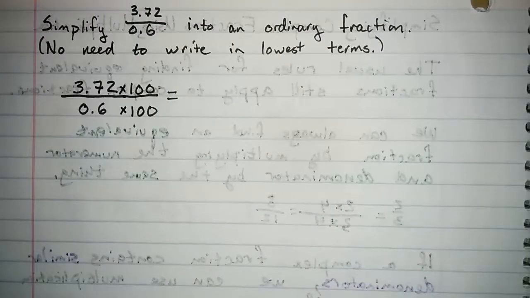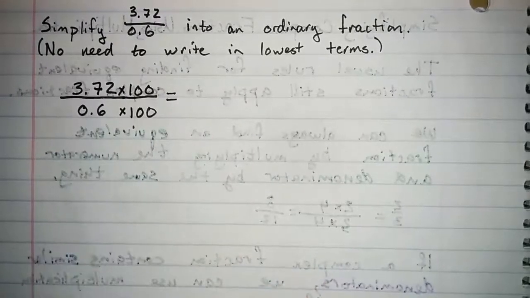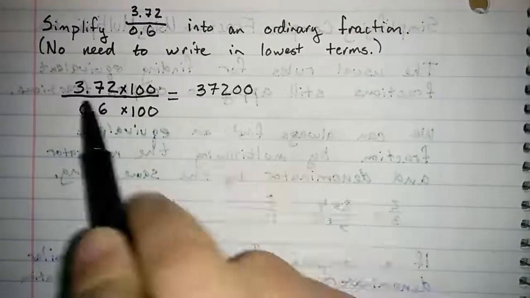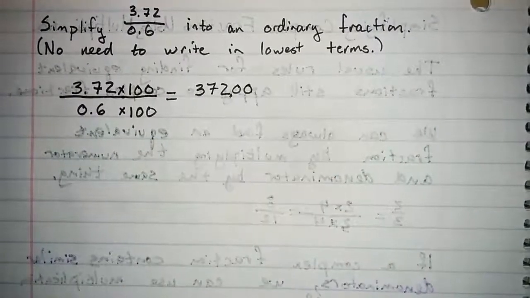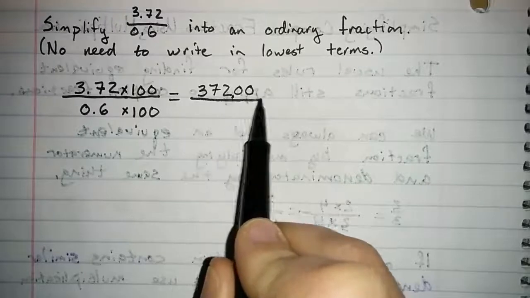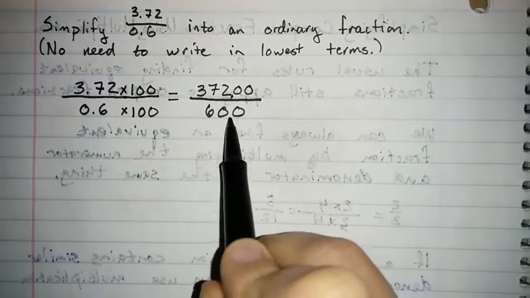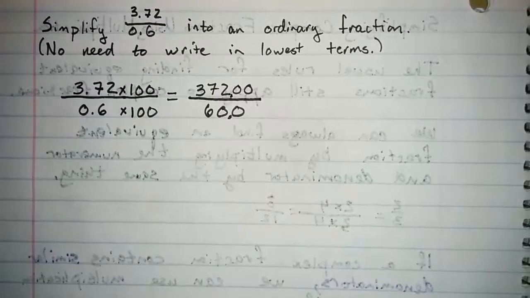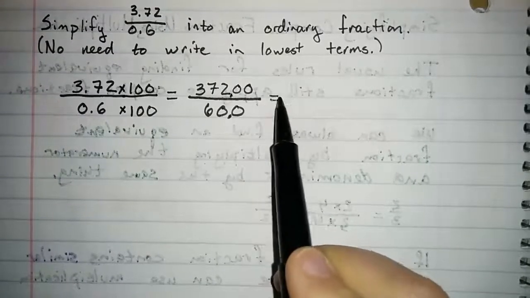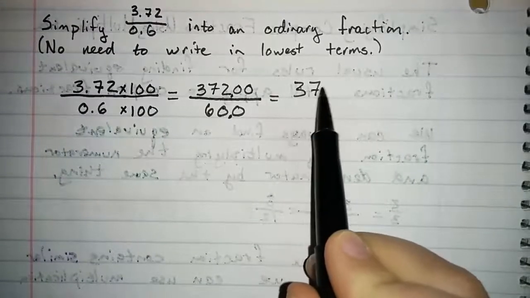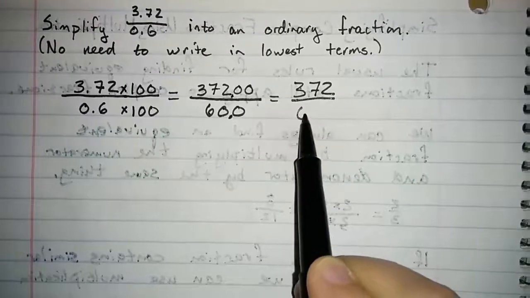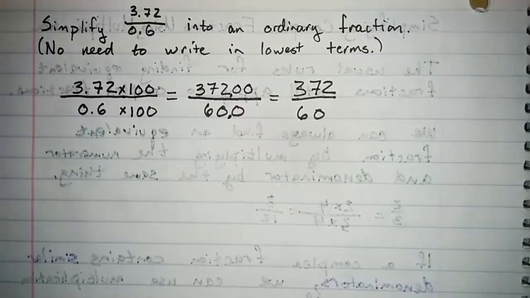If you find that you often end up with the wrong number of zeros, use this method. Ignore the decimal points and multiply, and then we want 2 digits after the decimal point. Ignore the decimal points and multiply, and then we want 1 digit after the decimal point. So that's 372/60.